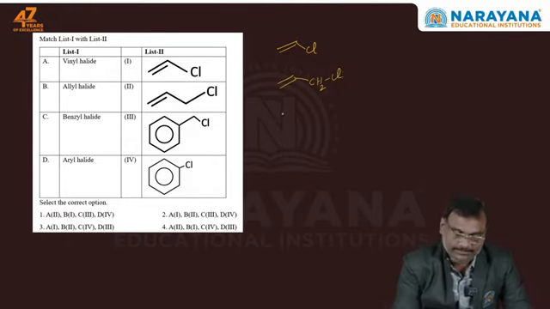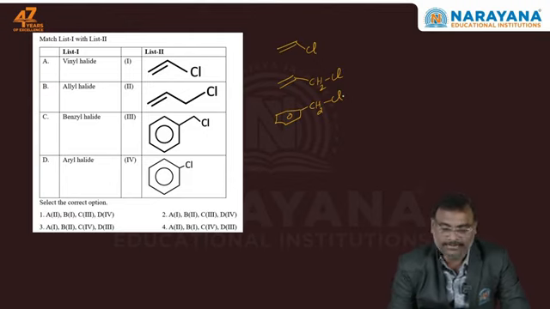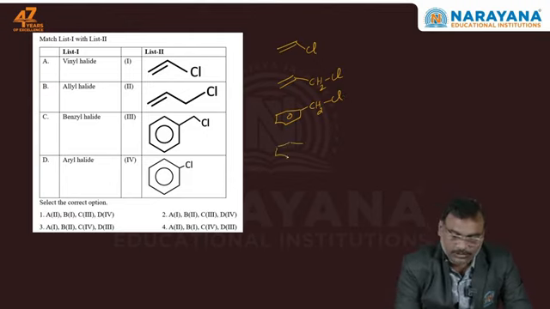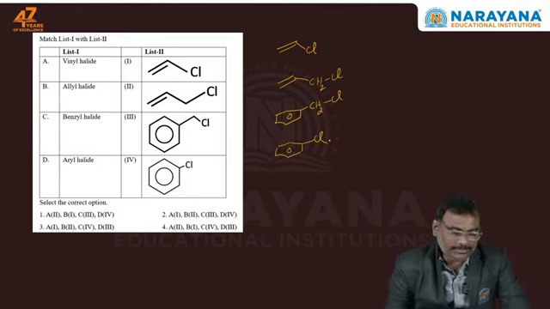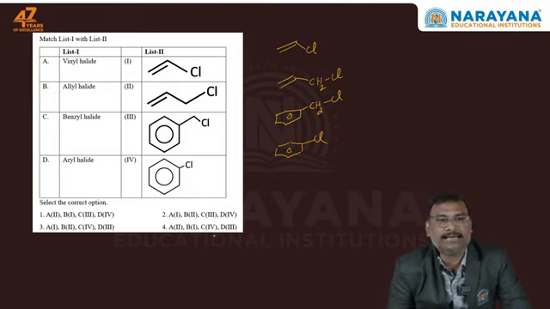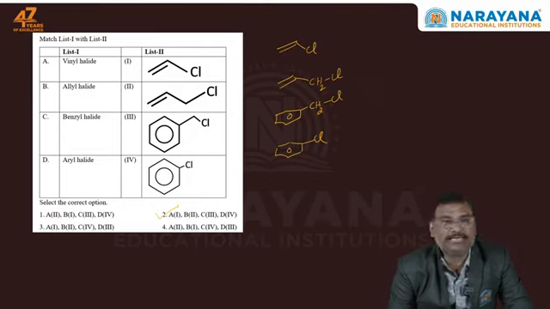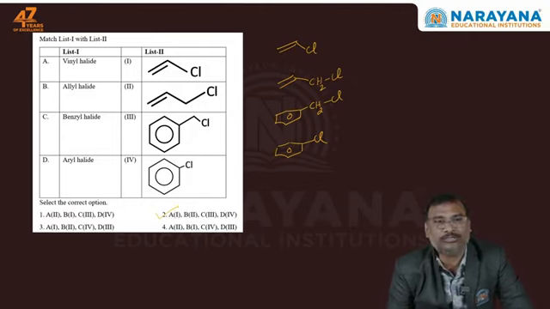Benzyl halide is phenyl attached to an sp3 carbon with halogen. Aryl halide is a halogen directly attached to benzene. Then considering the given options, vinyl halide is 1, allyl halide is 2, benzyl halide is 3, aryl halide is 4. Therefore, for the given question, the correct answer is 2.